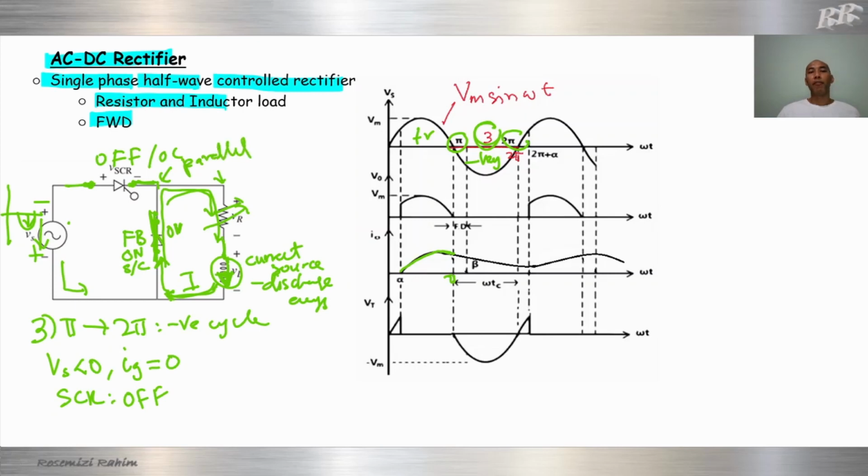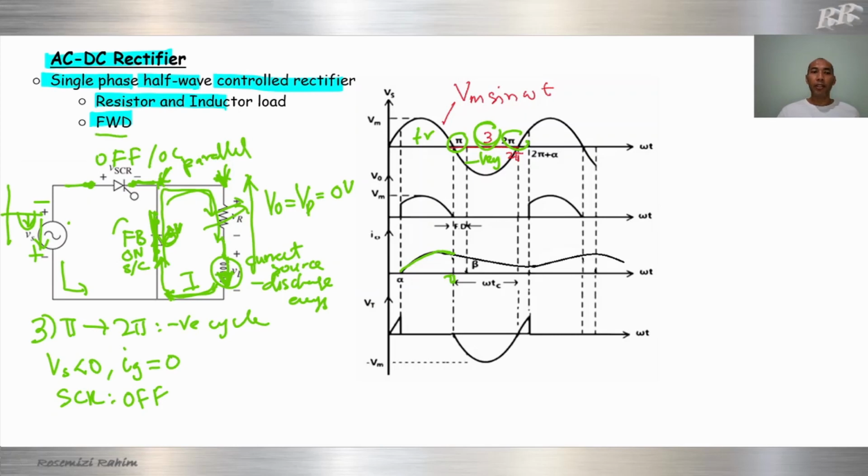We know that for a parallel circuit, the voltage is the same. The voltage at this and this is equal. So this voltage, V out, equals V at the diode.